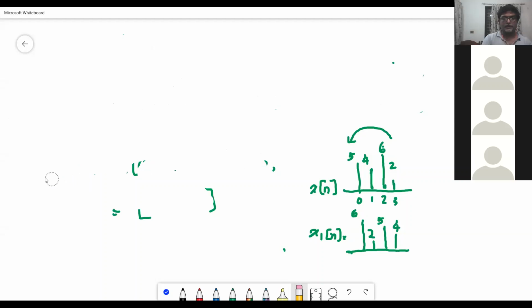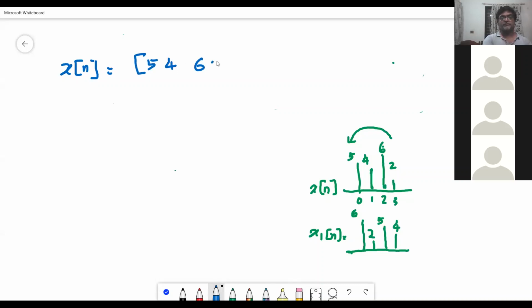So now we have dropped the formation of the periodic sequence, and we can write out the circular shifting directly from the finite duration sequence itself. So I'll write that here. x of n is equal to 5, 4, 6, 2.